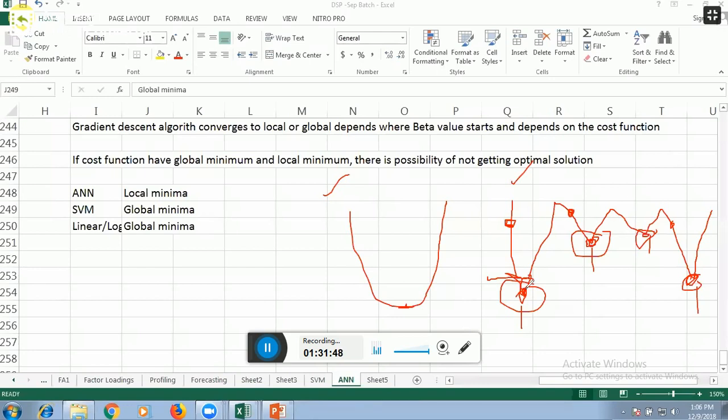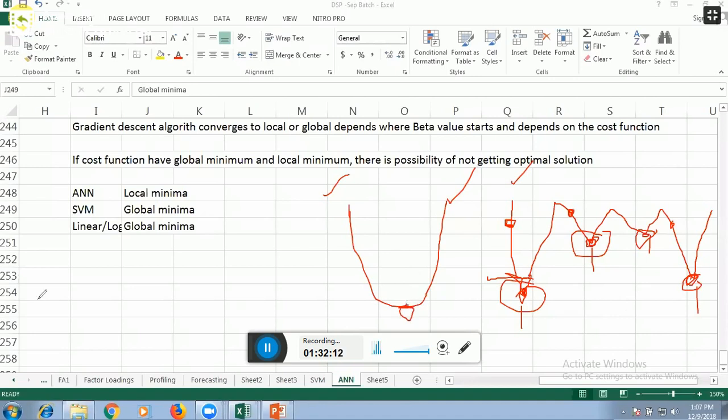Yes or no? Yes. So it's kind of an exponential, right? Exponential? Minimizing the sum of squares of error, it is a polynomial of order 2. Any polynomial of order 2 will always give a curve like this, and with a curve like this you always have only one minimum.